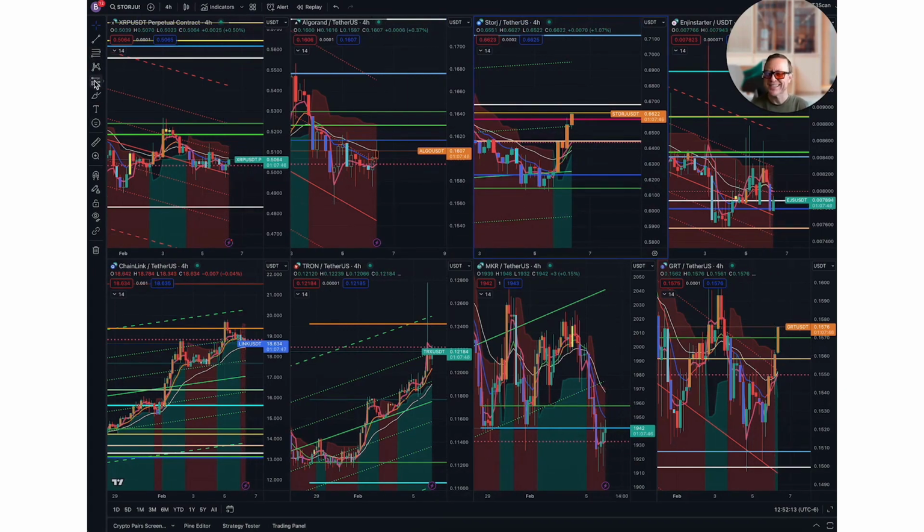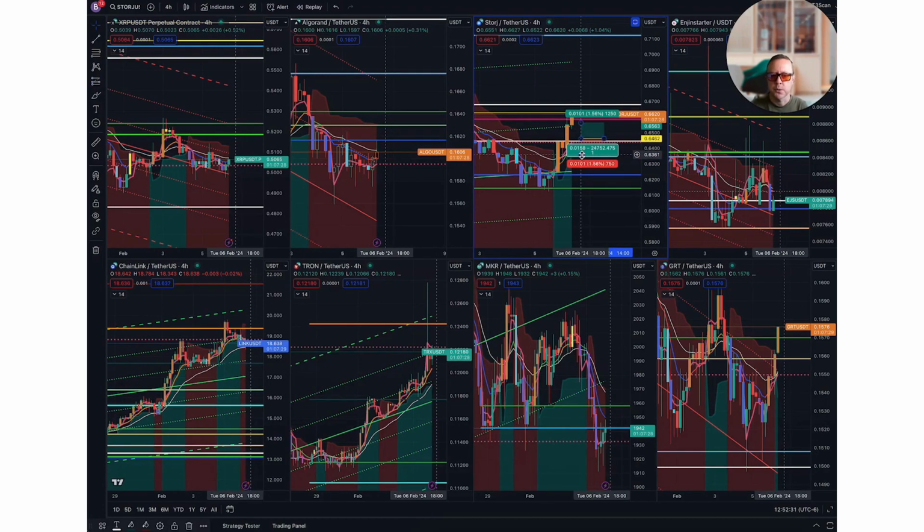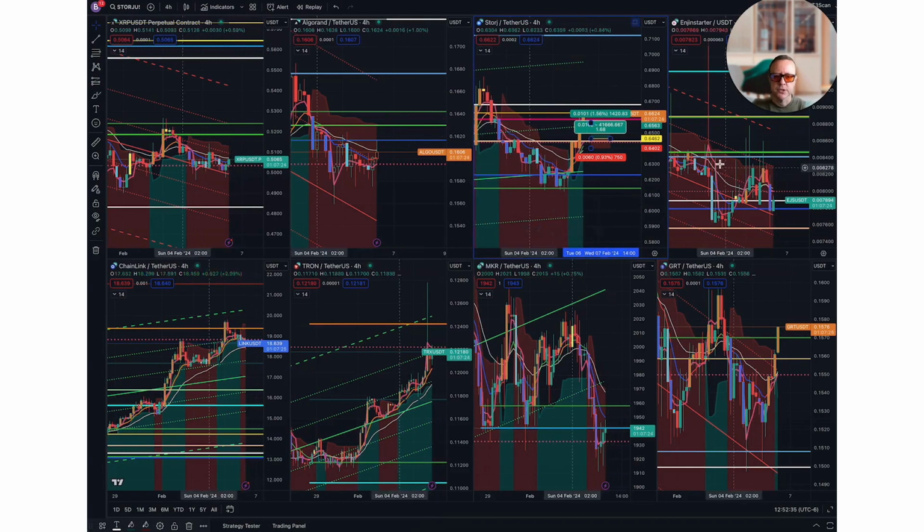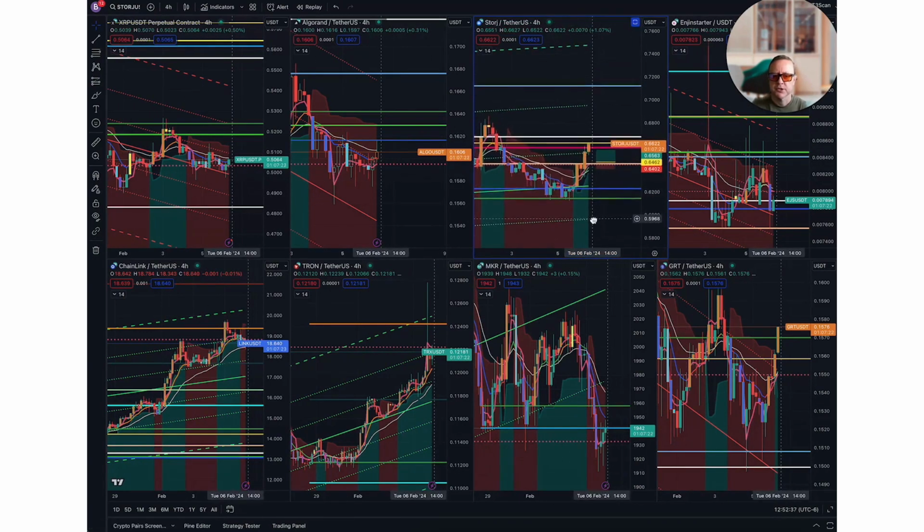So maybe we'll see how this does on a short-term trade at some point. However, I like storage on the 4-hour. It's overextended from the 4-hour movement monitor, which is down here. And so can I find conditions conducive for an 8-to-1 risk-reward ratio with regard to a pressure line?